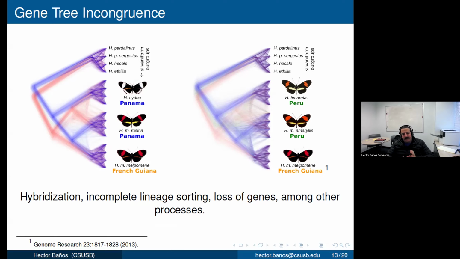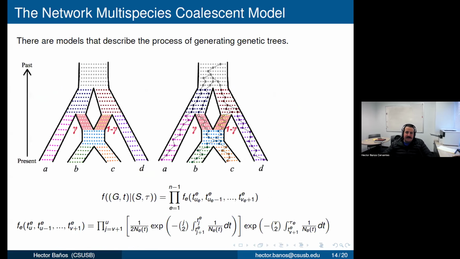I'm not going to elaborate much on these, but I just want to show that there are a lot of biological processes we need to account for in order to get accurate estimates of the evolutionary relationships we want to recover. Without going into much detail, I'm really interested in the network multispecies coalescent model, which describes how genes are formed within species networks in the presence of ILS and hybridization.